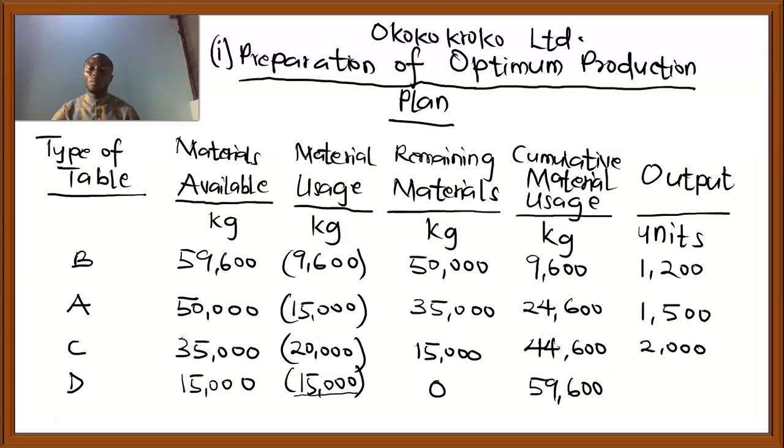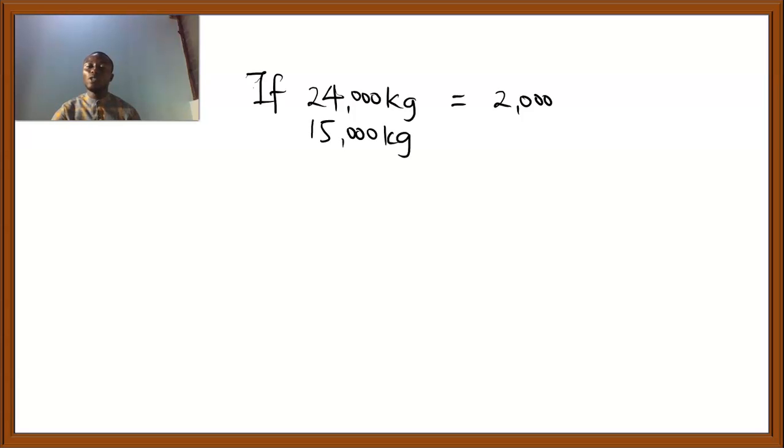So we can use ratio and proportion to determine the output that we produce for table D. We can say that if 24,000 kilograms, the total that is required, is equal to 2,000 units, the maximum demand, then 15,000 kilograms, what we are made to use now, will be equal to 15,000 kilograms divided by 24,000 times 2,000.